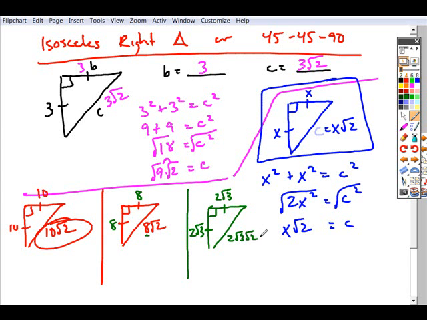It still fits that pattern, x, x, and x root 2. And then you just have to simplify. When you multiply two radicals together, you can combine their products inside the same radical. So root 3 times root 2 is just the square root of 3 times 2. So 2 root 6 would be the length of your hypotenuse here. Okay, any questions on these? These are what I would consider the easy applications of this.